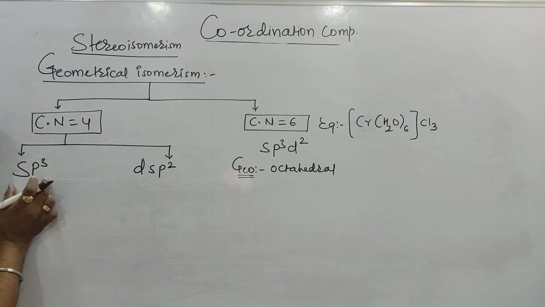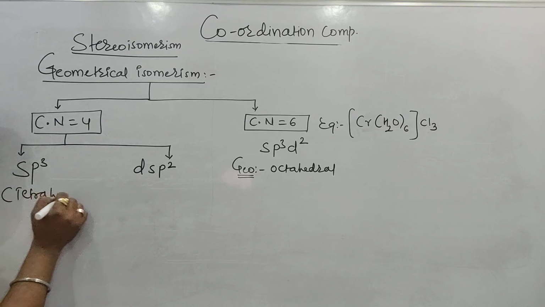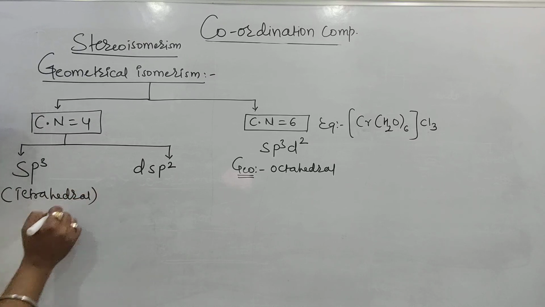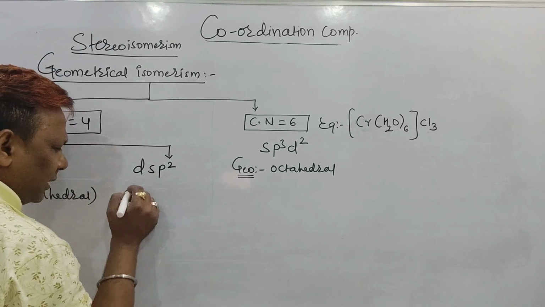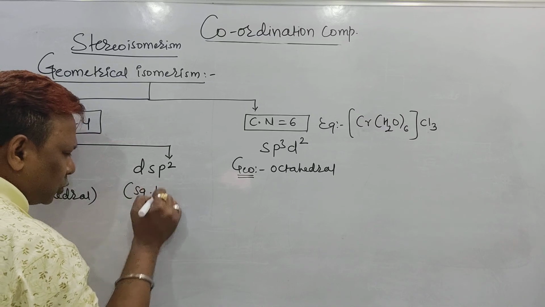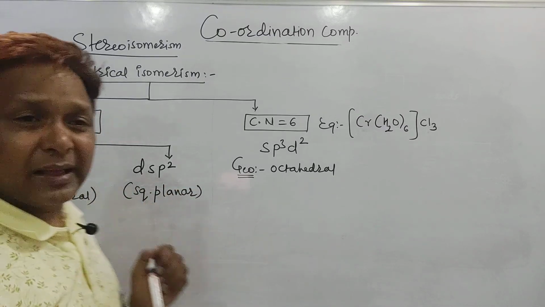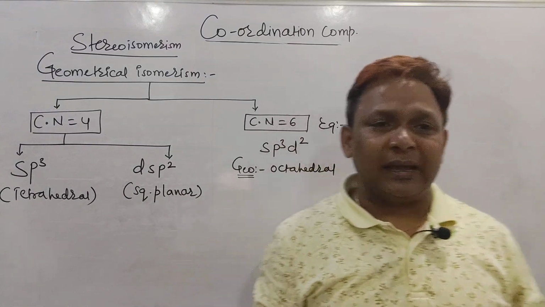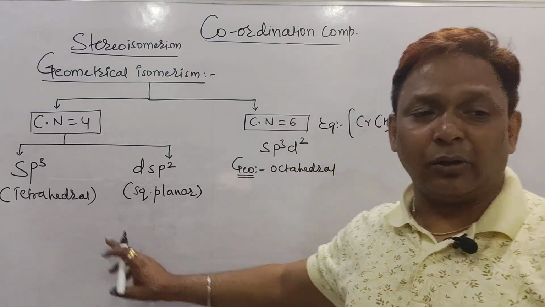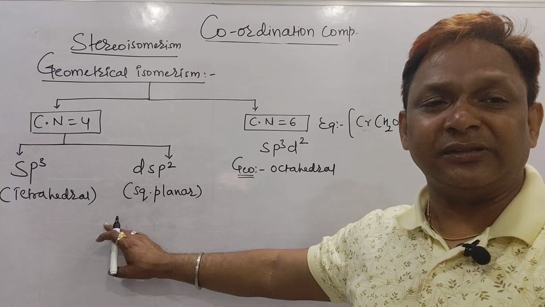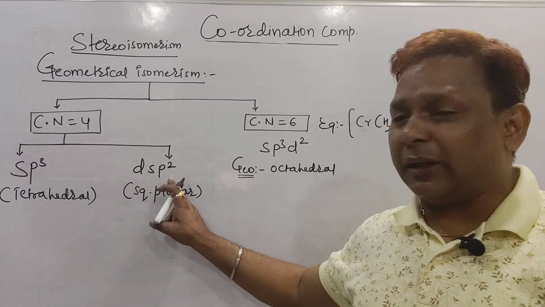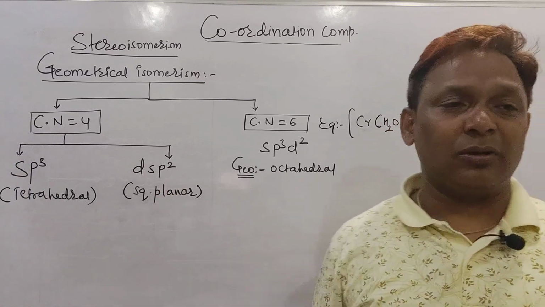Complexes with sp3 hybridization are tetrahedral, and complexes with dsp2 hybridization are square planar.